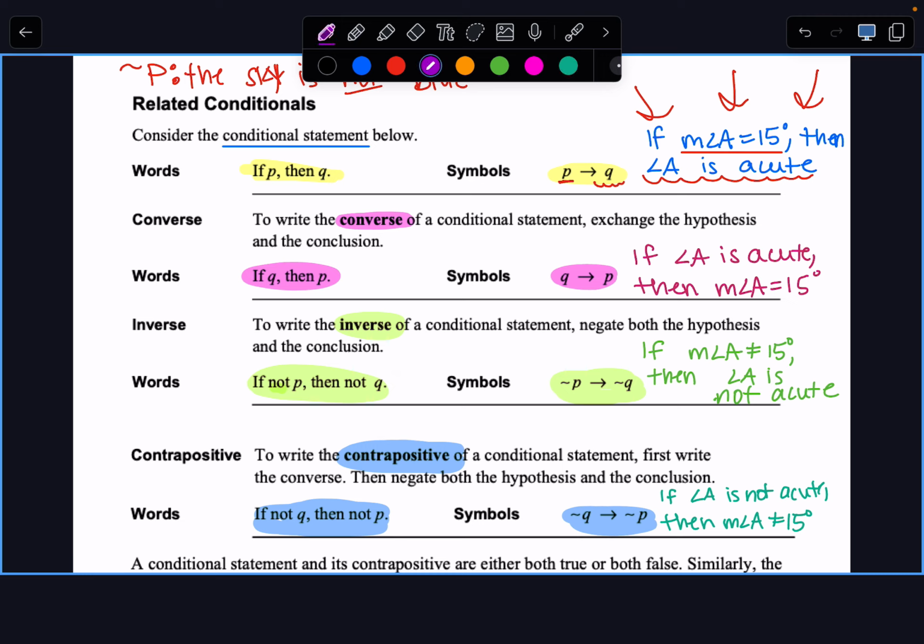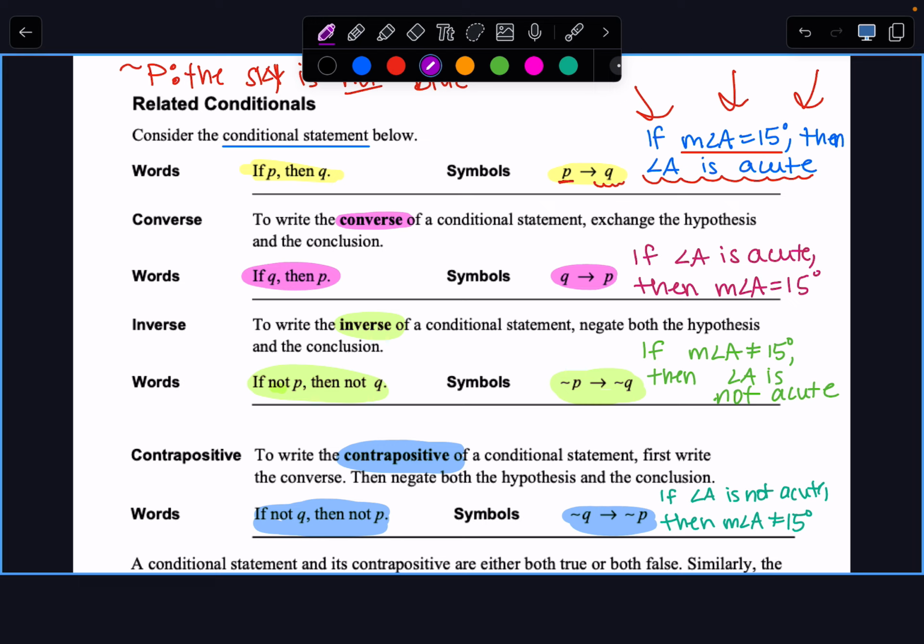So if you can give me an example that makes it not true, then it's false. Even if there's just one time that you can pick out where it's not going to be true, then you have to say false.